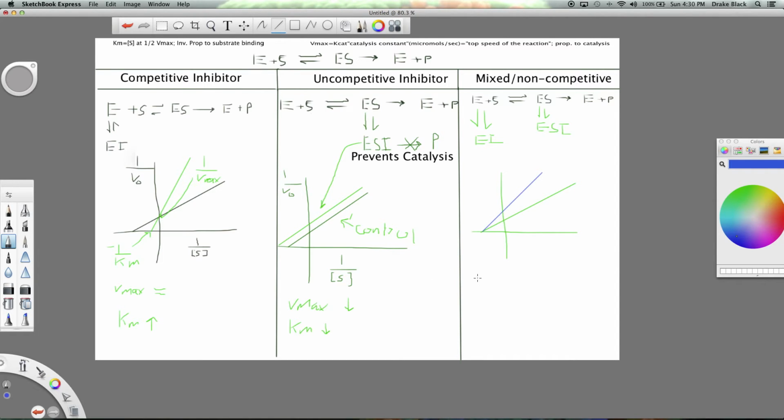So if we look at this for a mixed / non-competitive inhibitor, the Vmax goes down, is lowered, and then the Km value stays the same. And we can see that, even though, like I said before, we shifted this up, since it is an inverse graph, shifting up means the value is getting lower, if that makes sense.